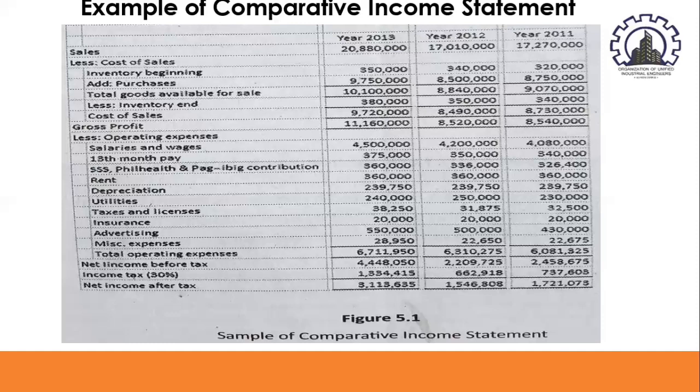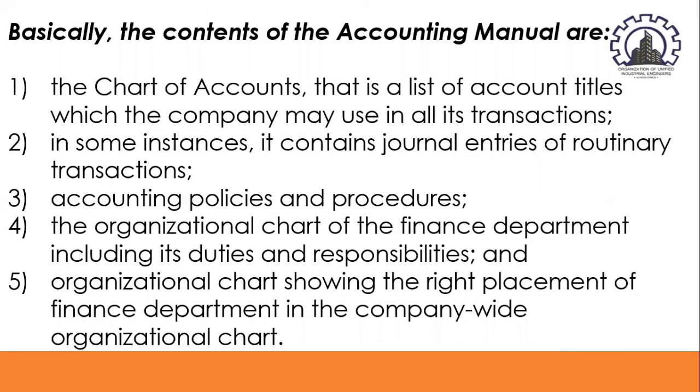Consistency happens only when the business enterprise has an accounting manual that guides the finance department staff. Basically, the contents of the accounting manual are, first, the chart of accounts, that is a list of account titles which the company may use in all its transactions.